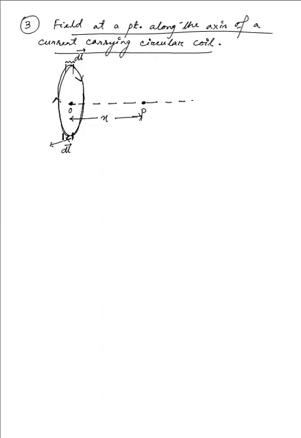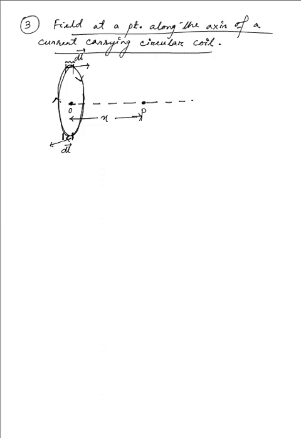So you have to use your imagination over here, and this is going into the page. So these two elements will obviously impact this point P with a certain magnetic field dB.